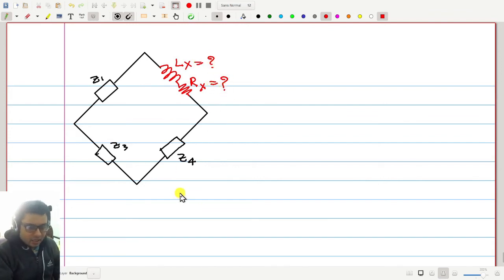Now to design a bridge, we have to decide what to take here: resistance, capacitor, inductor, or some combination. What to take here, what to take here, all these things are to be decided by us.